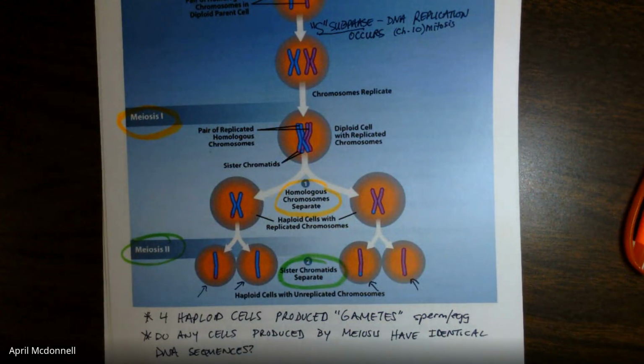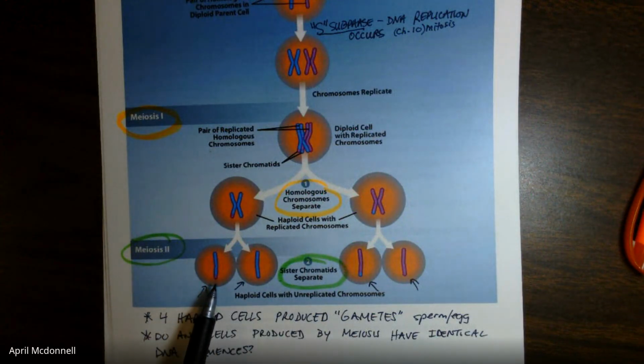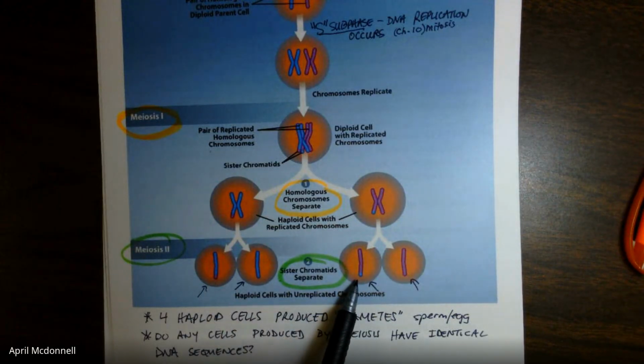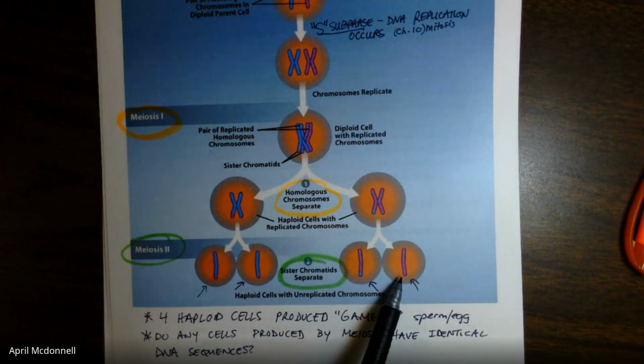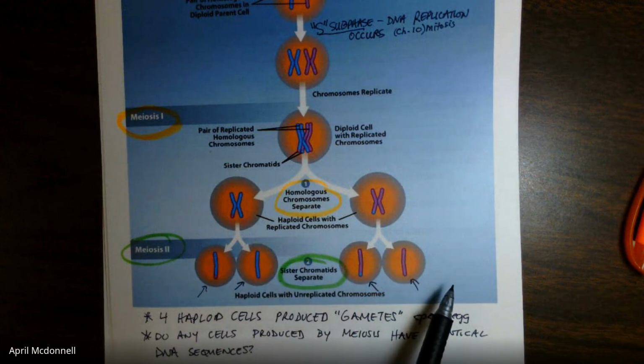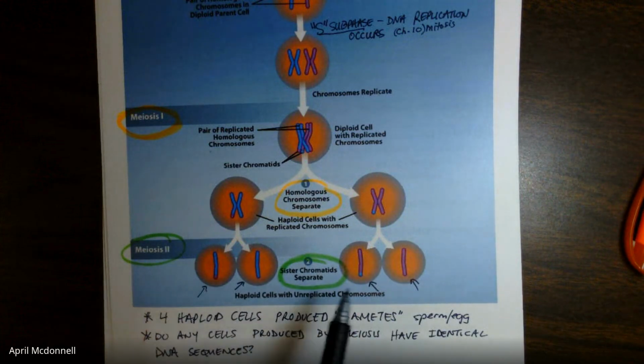The way that you can look at it is you look at the colors of the chromosomes. This chromosome is blue with a purple tip. This chromosome is all blue. This chromosome is purple with a blue tip, and this chromosome is all purple. So all of these 4 cells at the very end, based on the color of the chromosomes, are not identical.